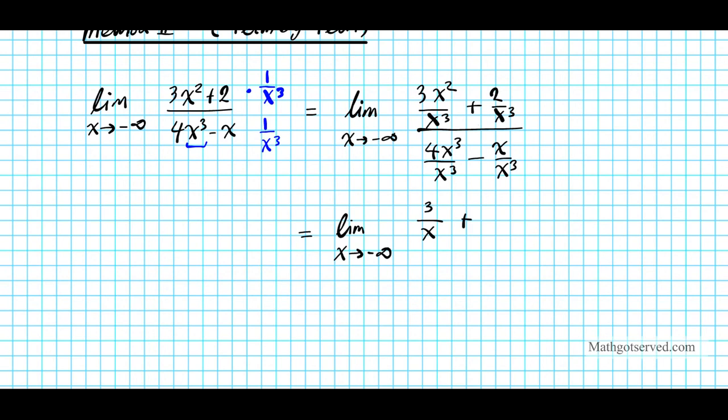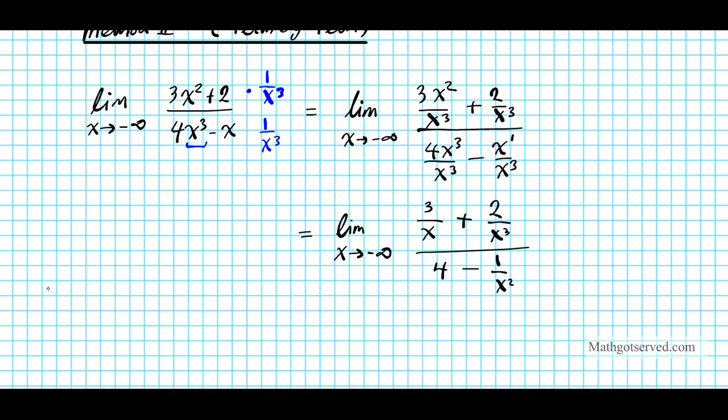This cannot be reduced any further, so we'll leave it alone as 2 over x to the third. And then in the denominator, this x to the third just divides out, so we have 4 minus, and then x over x to the third, you subtract this 1 from 3 downstairs since that has a bigger power. So you're going to have 1 over x to the second because 3 minus 1 is 2.